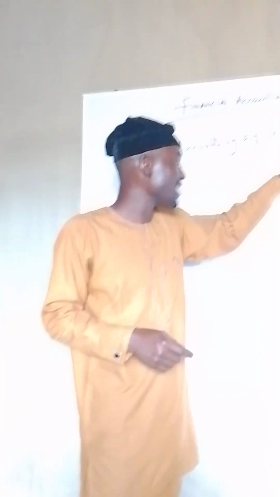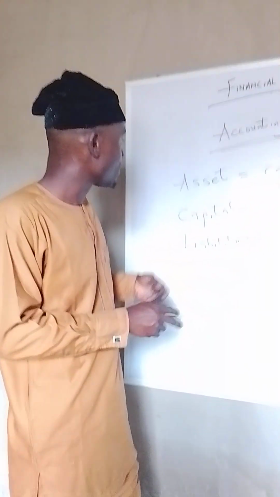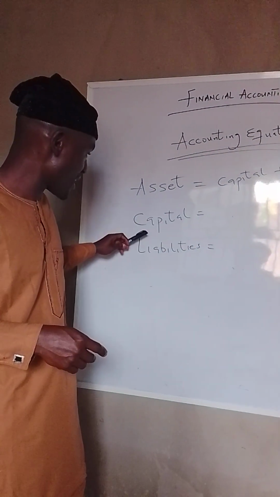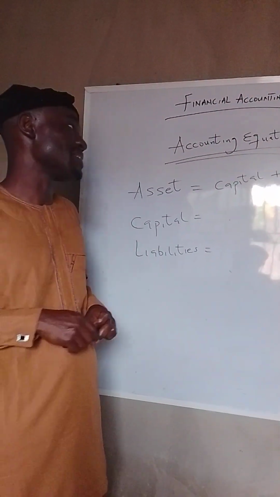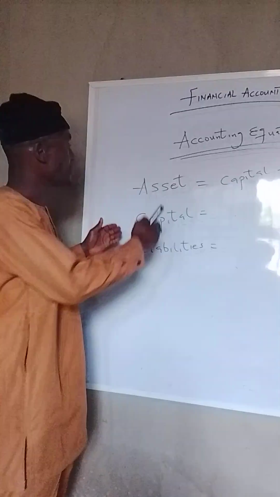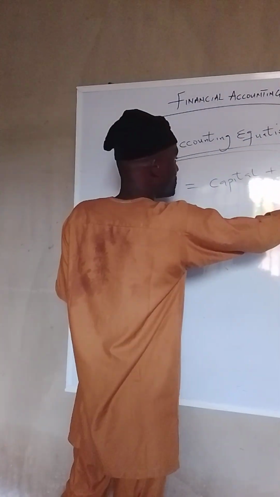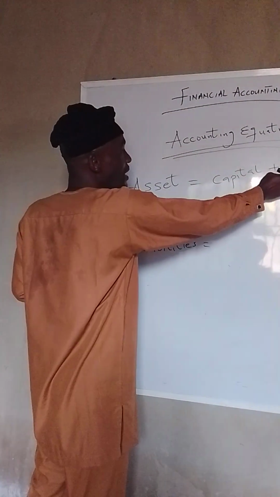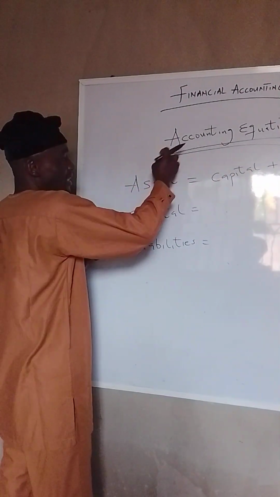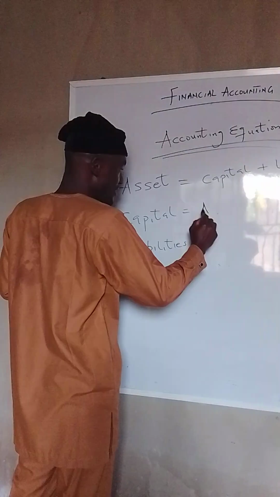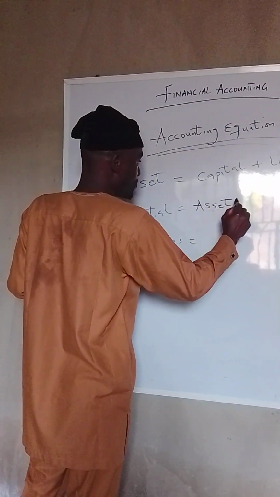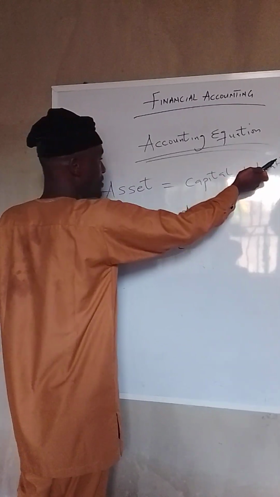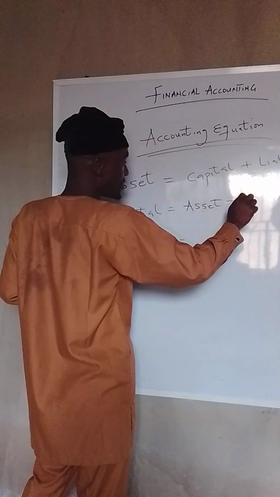Now, having known this, it is the same equation that you are going to use to get capital and your liability. When your asset is capital plus liability, automatically your capital, when the liability crosses over, becomes asset minus liability.